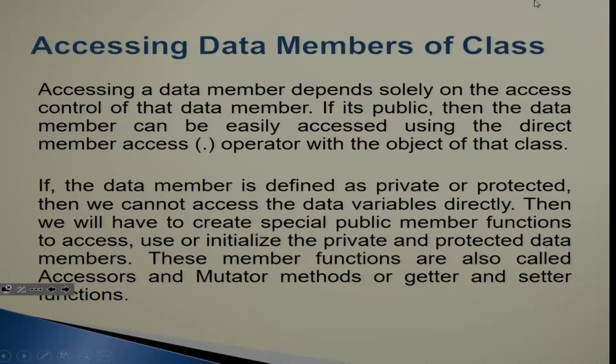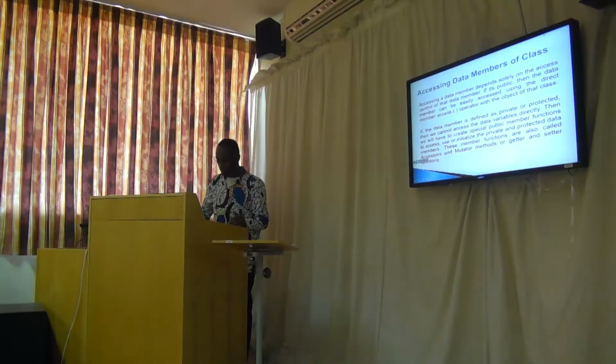Operated with objects of that class, right? You remember the example that we did? Yeah, right? It's still the same as the one that we did with the structure. That is the way also we have been accessing values from the structures, right?